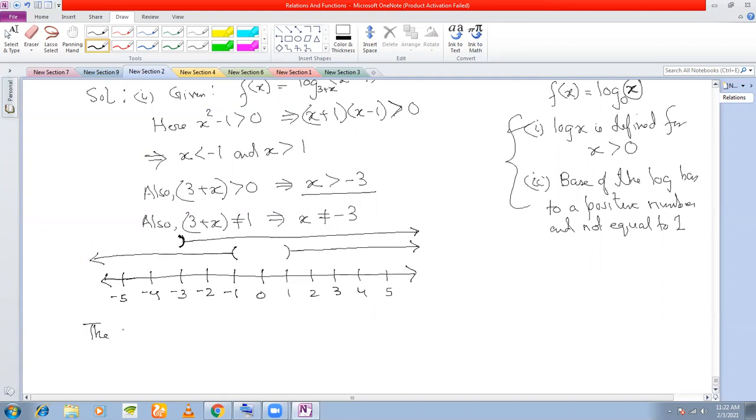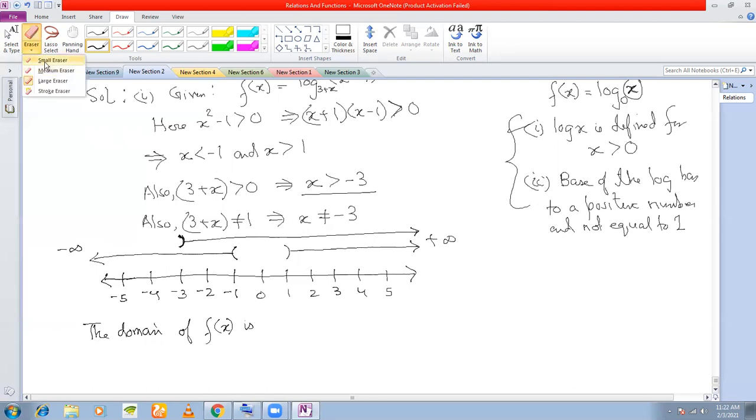Therefore, the domain is from minus infinity to minus 1, and from 1 to plus infinity.